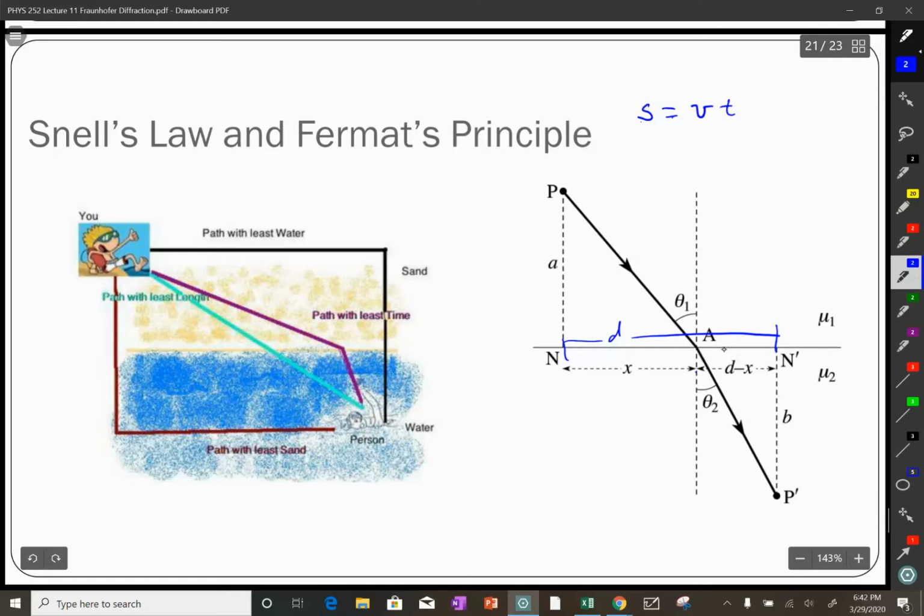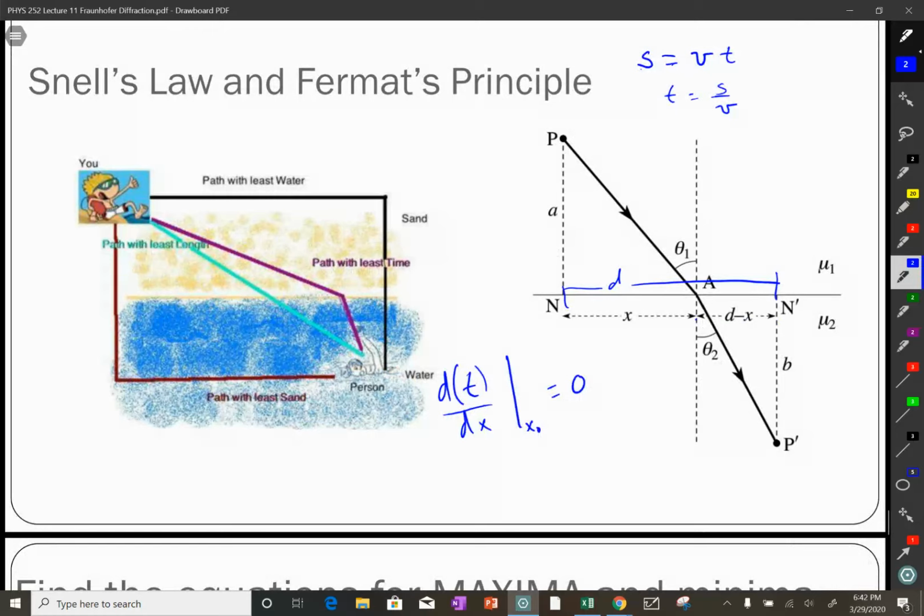Then if you solve for t, t is equal to S over v. So you find the time in medium 1 and the time in medium 2 as a function of x. Then you take the total time and its derivative with respect to x, set that equal to 0 at x0, and then you just solve to find an equation that in the end will have sine theta 1 and sine theta 2. So you should be able to replicate that.